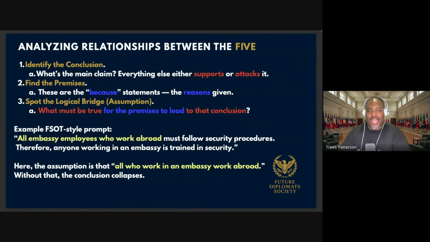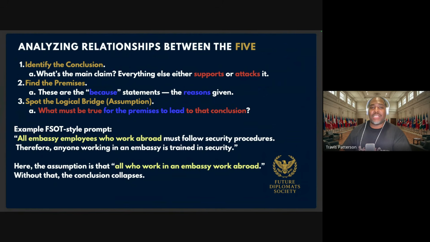What's the claim to fame, as I would say, or more so, if you and your friends like to argue, or you and your spouse like to argue, you start getting to the point. Well, what is the conclusion? What is the main point being made? Everything else is either supporting or challenging the actual conclusion. Next, again, the premises. Those are the because statements, the reasons given.